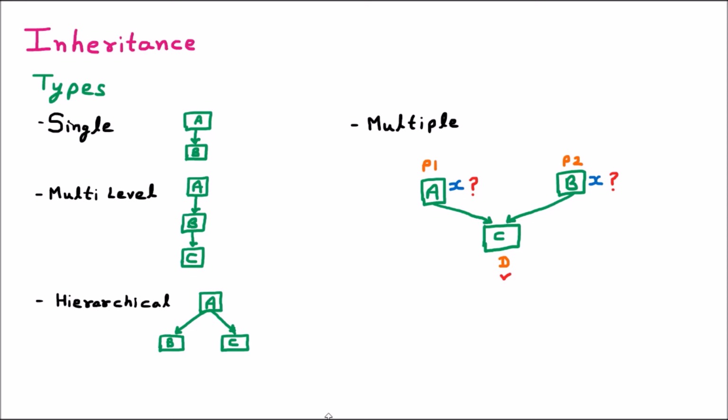But if you talk about .NET, that problem is removed with the help of interfaces. So multiple inheritance is only possible in .NET using interfaces. So we can use the multiple inheritance in .NET with the help of interfaces only. If I give you a simple example to make you understand about interfaces, let's say there are two fathers.